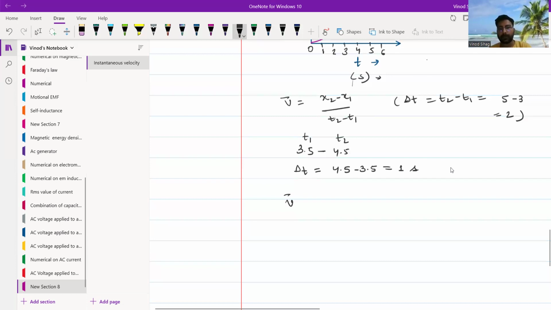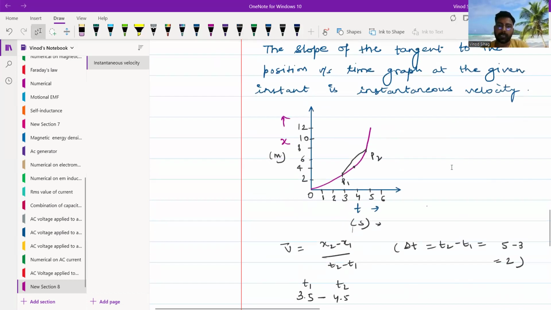Then again we find the average velocity, x2 minus x1 over t2 minus t1, and we can draw the line between 3.5 and 4.5.